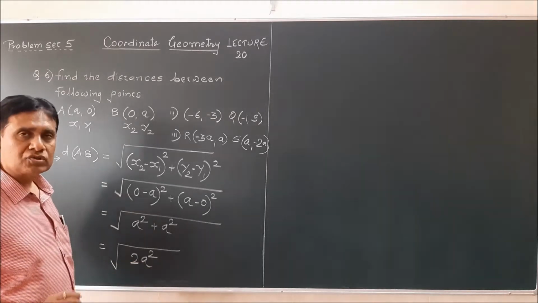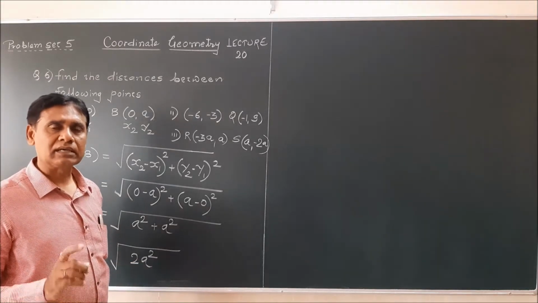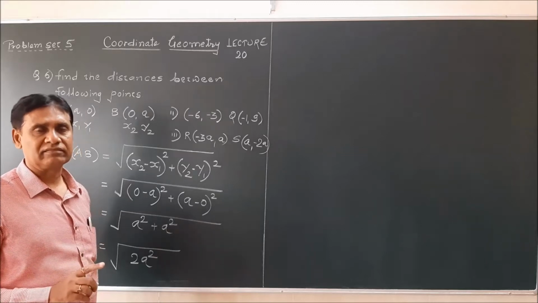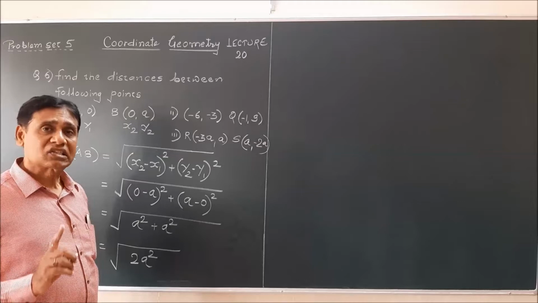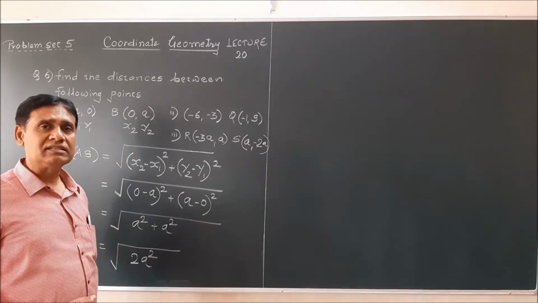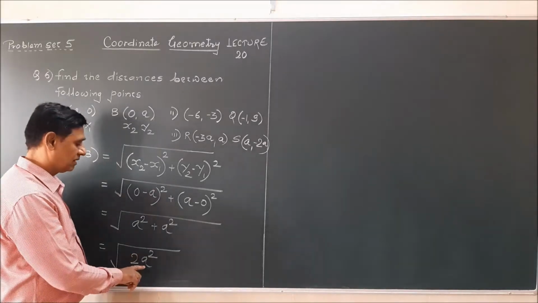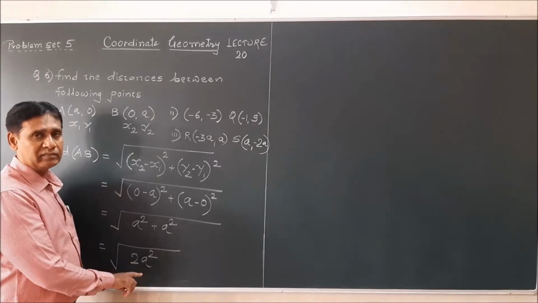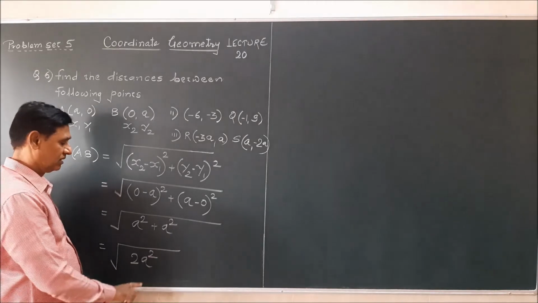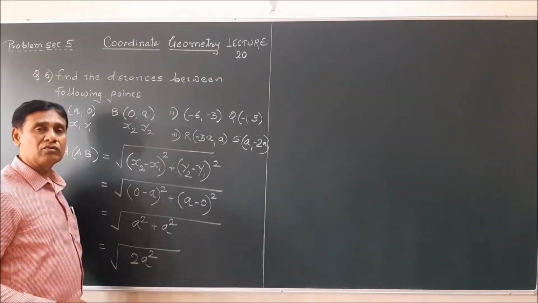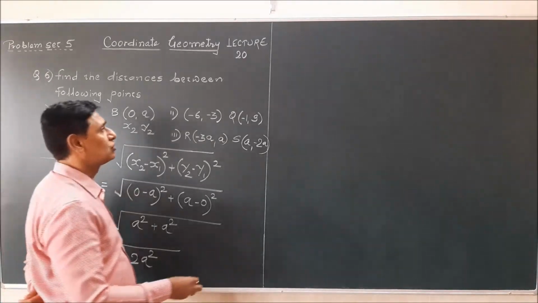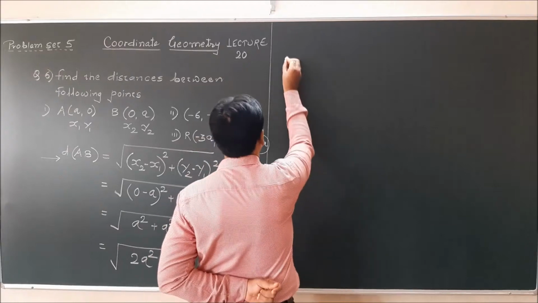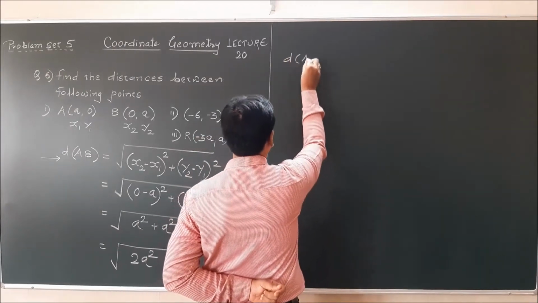Since square root of any square number is that number itself, try to understand, in the case of variables. So square root of a square is a, and square root of 2 we have to write in symbolic form only.